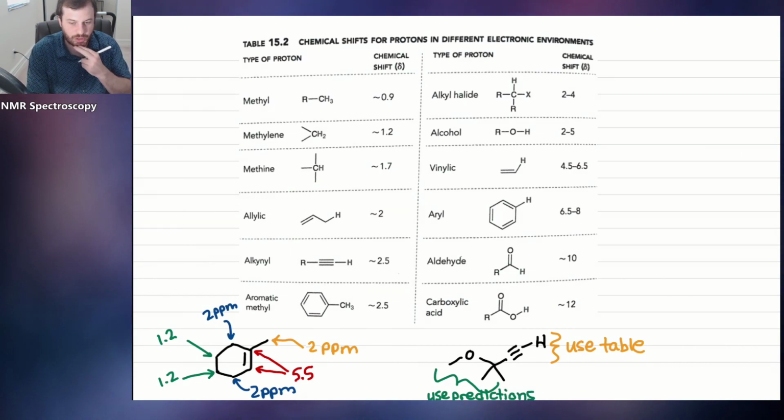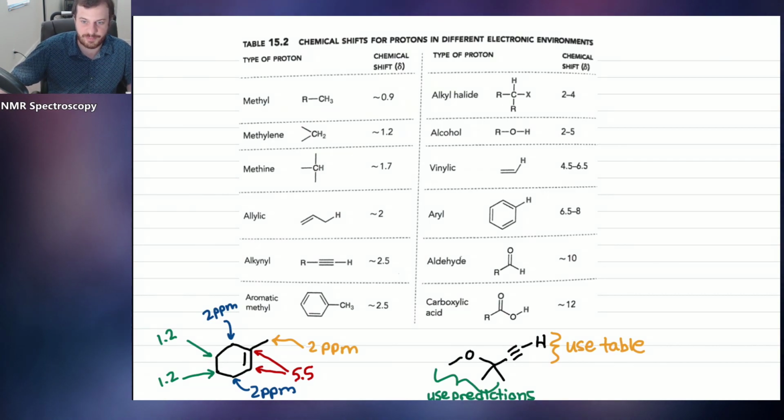So you have to be smart enough to know, okay, do I know how to predict the ppm value of this proton, or do I need to use the table? And so usually you need to use the table when there's double or triple bonds involved, because our prediction rules only really tell us about if there's oxygen or C=O double bond nearby.